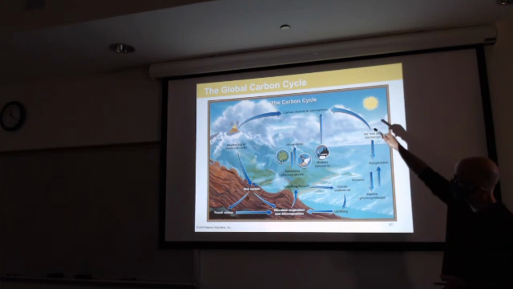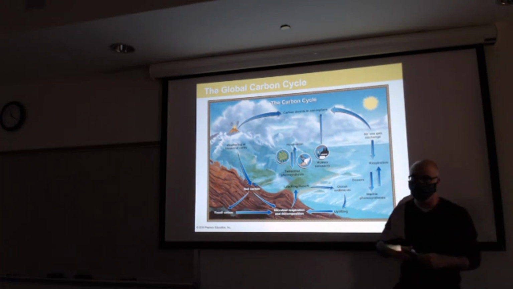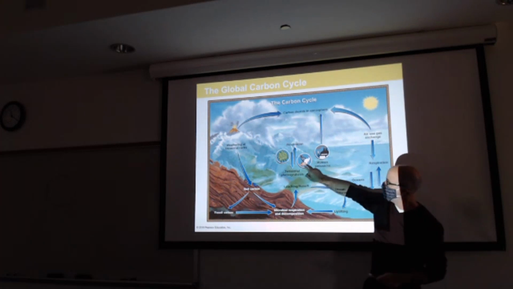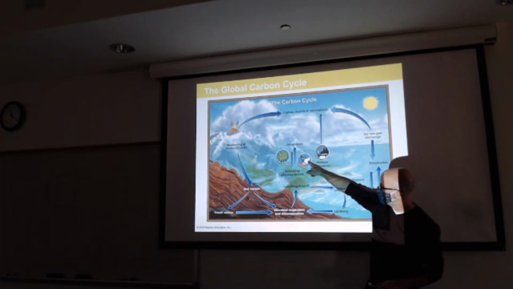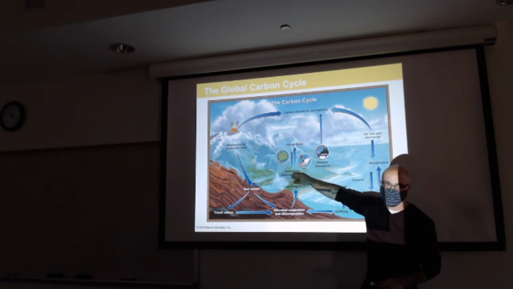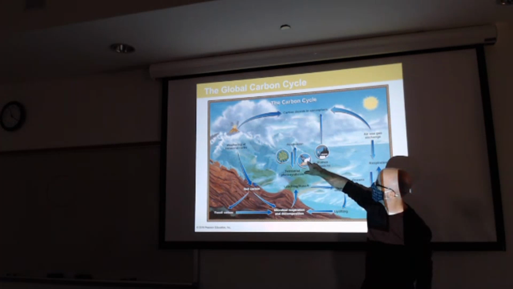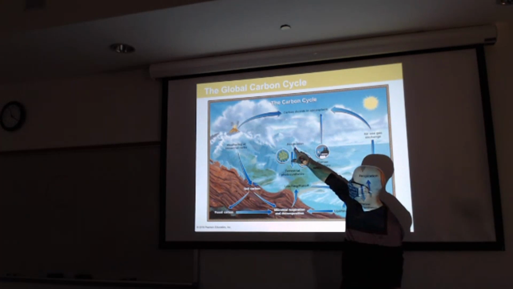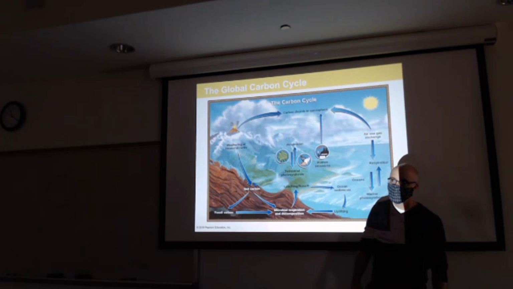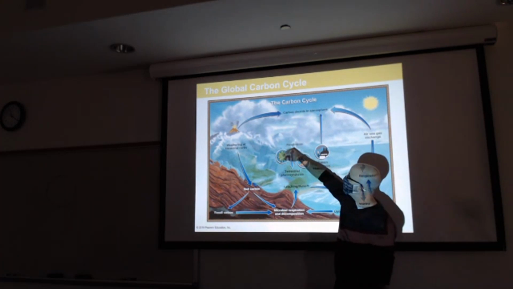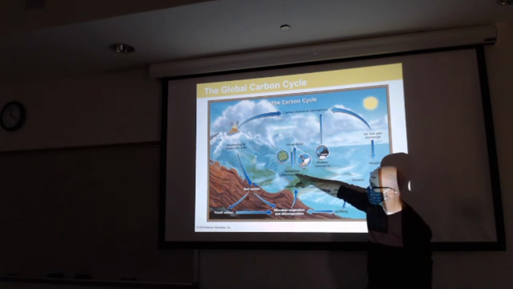And so this is where we get these cycles. To me, this is kind of like reincarnation. You could be a carbon molecule in a rabbit, and then when you die, what happens to you? Bacteria and things break it down. That's respiration. So you go from sugars to carbon dioxide. And then when that carbon goes into the atmosphere, what happens to it? Carbon dioxide in the atmosphere can then be taken up by plants.